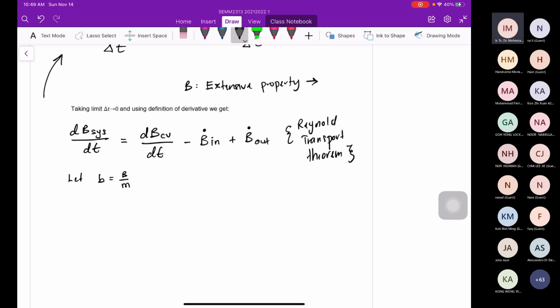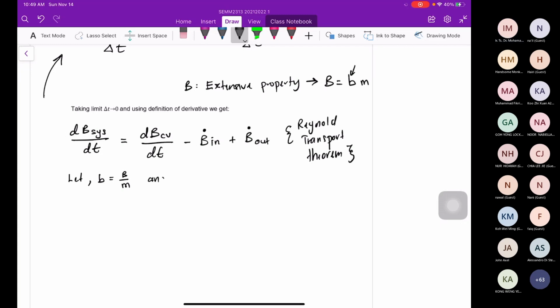So that means the B relies on mass, because it is an extensive property. In order to make it equal, we have to put a constant, which is b. B equal to bm. So, in order to get this b, capital B divide m, then you will get small b equal to B over m.